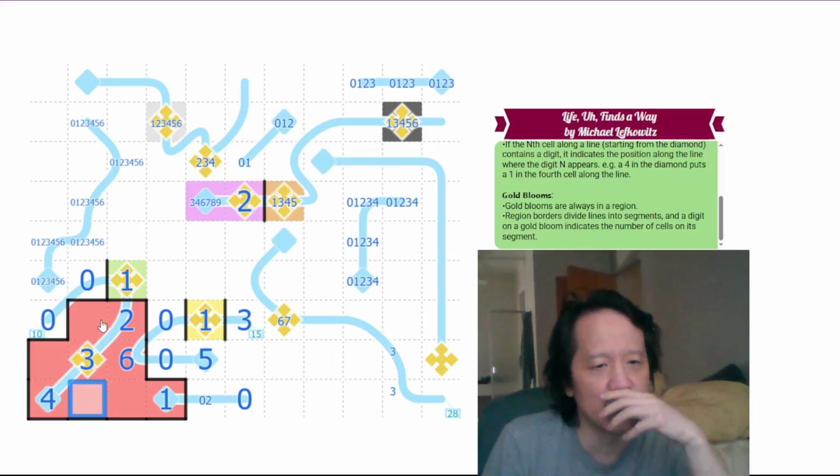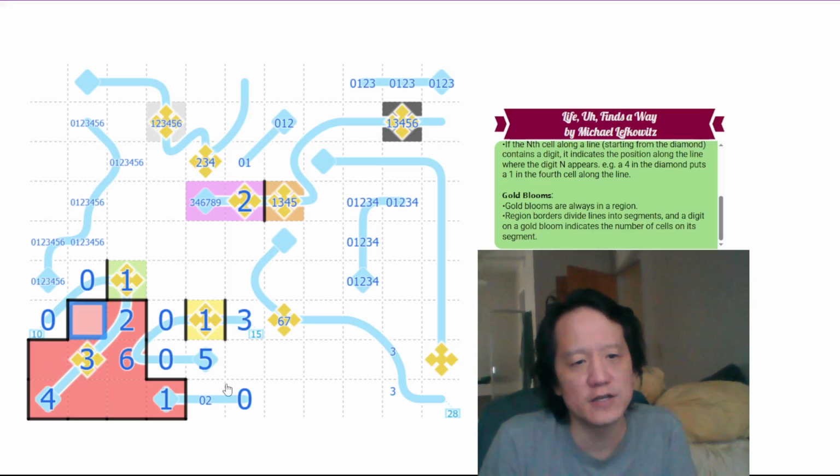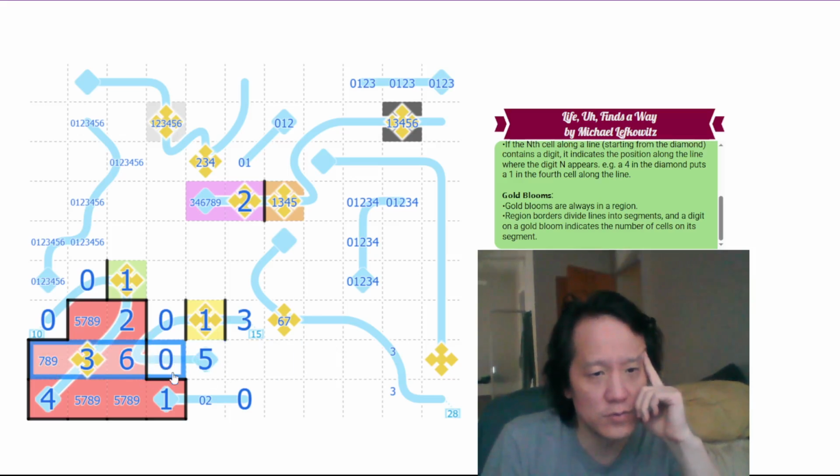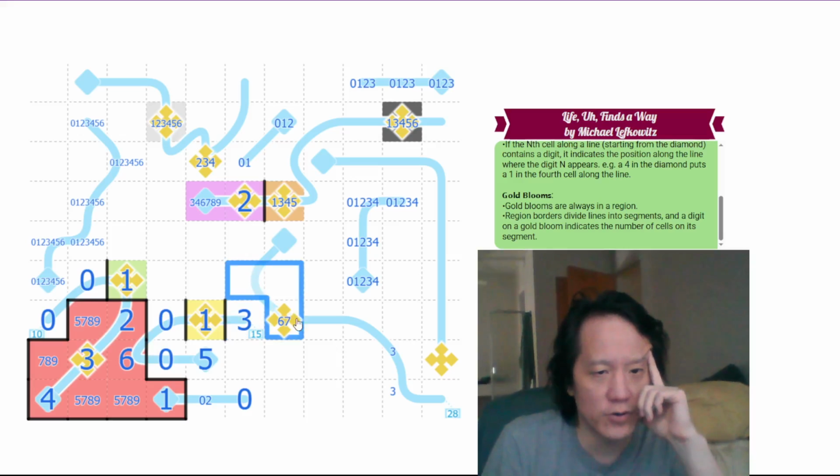So we have to have 5, 7, 8, 9 in the remaining red region. This can't be 5 because of 5 in the row. This cannot be part of this cell here because we need... Or this region. So this has to be a boundary.